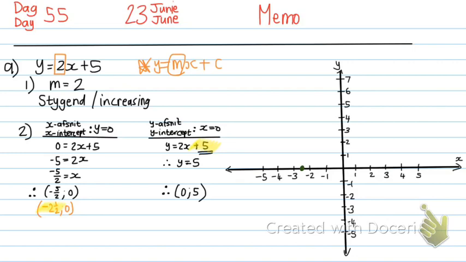Then on the y-axis, I have to plot a point at 5, draw a line with arrows, write down the equation, y is equal to 2x plus 5, write down the coordinates of the intercepts. And that's it. That's how it's done. And that is number 3, to sketch it.